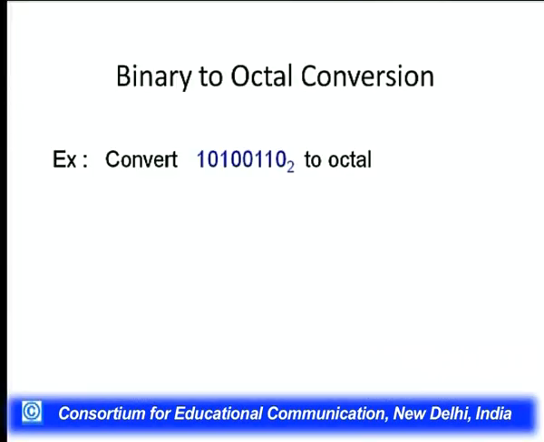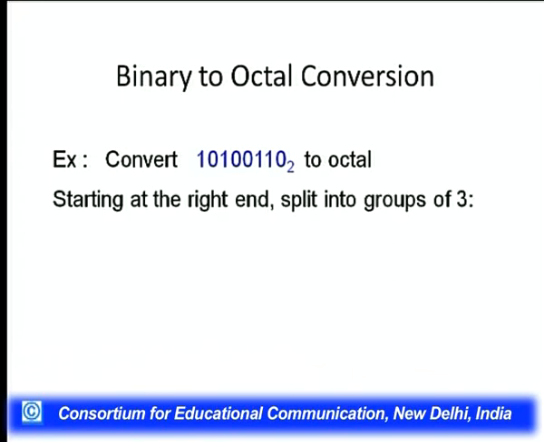Now, if we see the conversion of binary to octal, again the procedure is the same, that is you have to make groups of 3 bits, and for each group you find the octal equivalent. If you want to convert a binary number, shown here in the example as 101001110, which is a number with base 2, meaning it is a binary number, to an octal number, what you do is start at the rightmost end and split it into groups of 3.